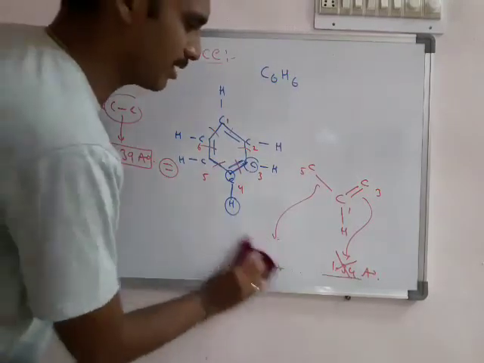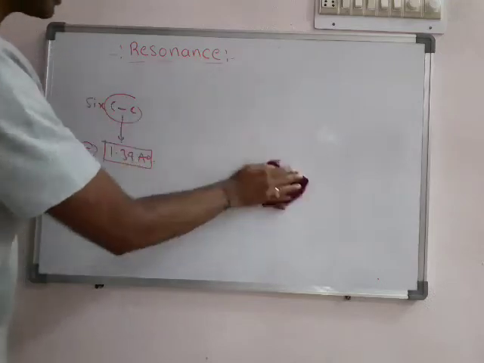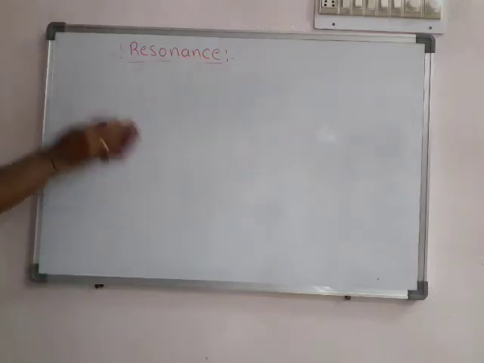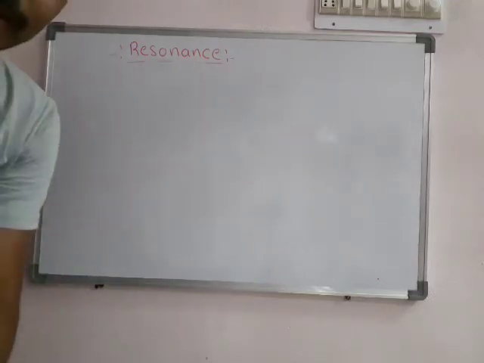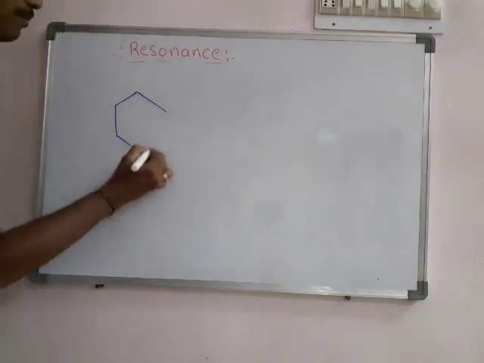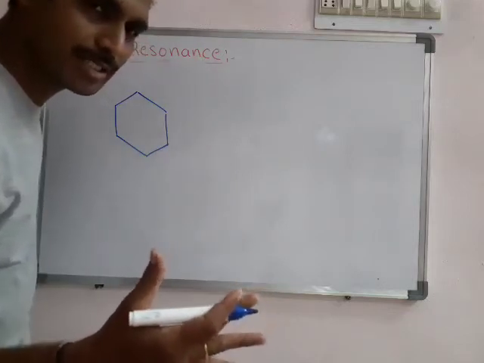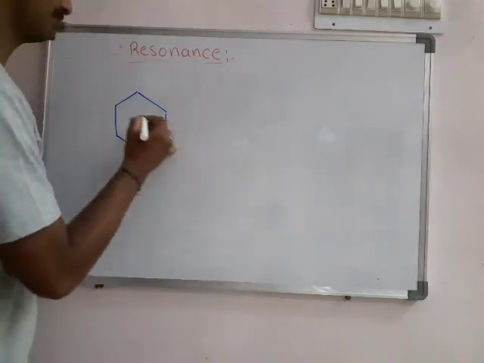Why? Because benzene is not present in a single structure. So with the help of resonance, we can give the explanation for 1.39 angstrom.